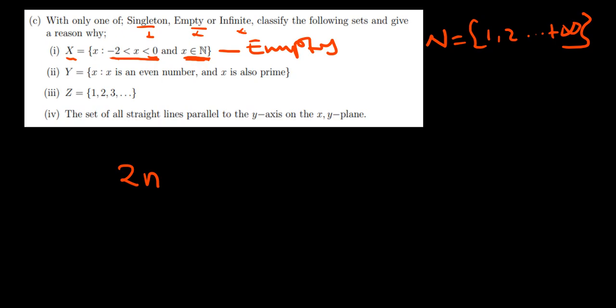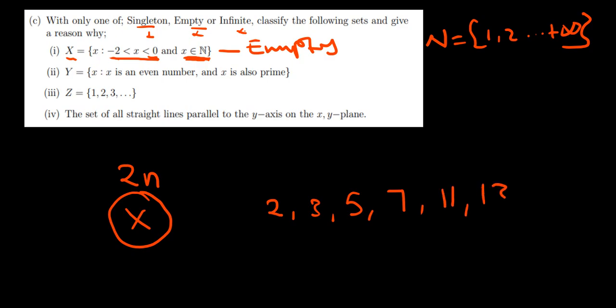If a certain number, let's say x, is a prime number, then we know that it should have two factors, itself and 1. Examples of prime numbers are 2, 3, 5, 7, 11, 13, and so on.